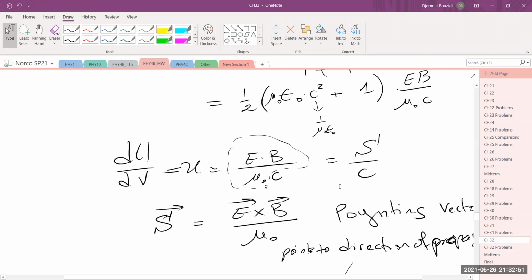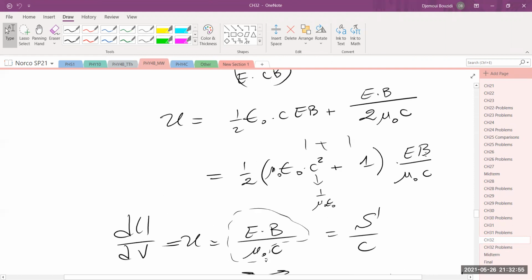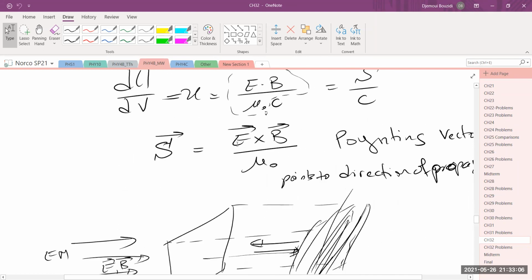Most of the time I end up, no, this is the power, I'm sorry. So it's going to be EB over mu naught C, times this is U. Yeah, that's the energy density, that's correct. So it's S over C, but when averaging it, it's going to be I over C.